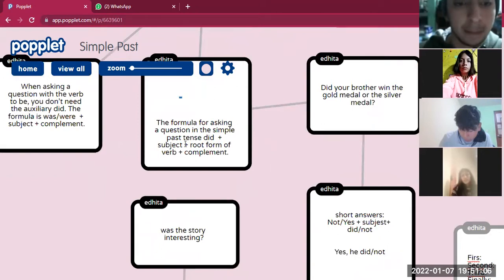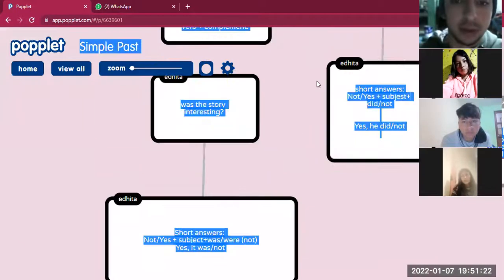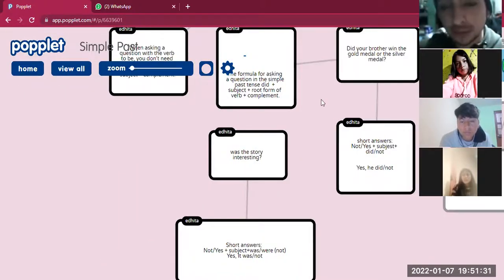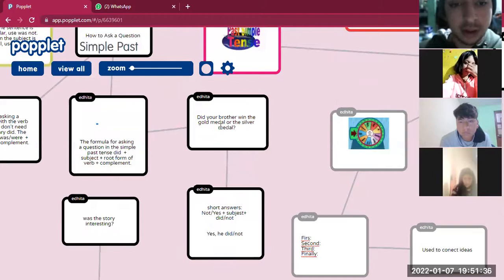It is did plus subject plus root form of the verb plus complement. For example, did your brother win the gold medal or the silver medal?